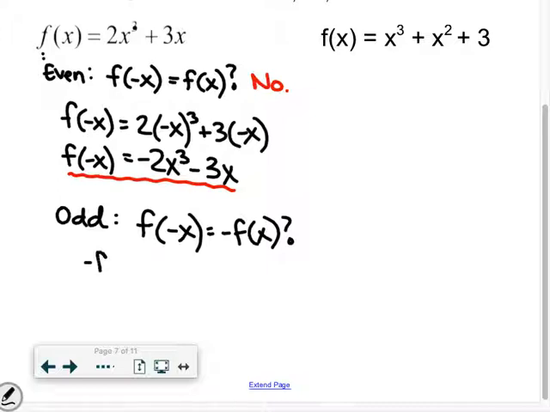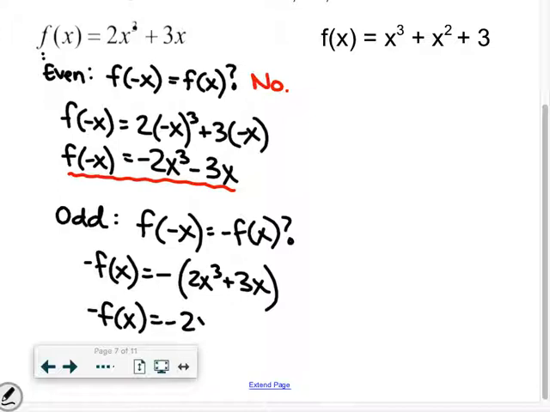So negative f of x means make the whole thing negative: negative, 2x cubed plus 3x. And when I say the whole thing in math, it's a set of parentheses. If you make the whole thing negative, you change all the signs, distribute. So negative f of x is equal to negative 2x cubed minus 3x. Is negative f of x the same thing as f of negative x? Yes. Yes, so it's odd.